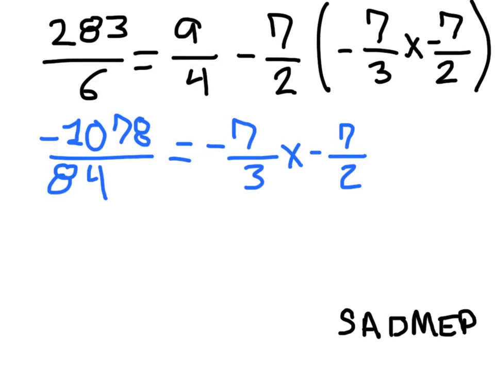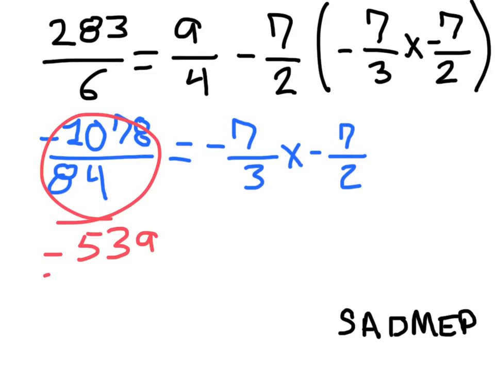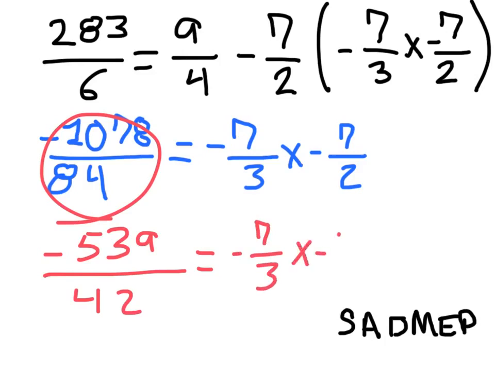We can make this problem a little easier on ourselves by simplifying this fraction. We can divide the numerator and denominator by 2 and get -539 over 42 equals -7/3 x minus 7/2. Now that we got rid of our parentheses, we can go back to the beginning of SADMAP. In addition and subtraction, we see that 7/2 is being subtracted.